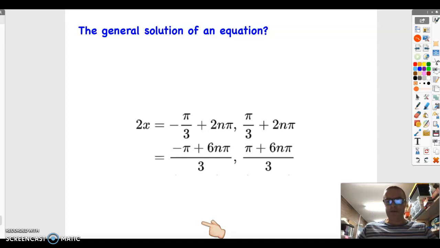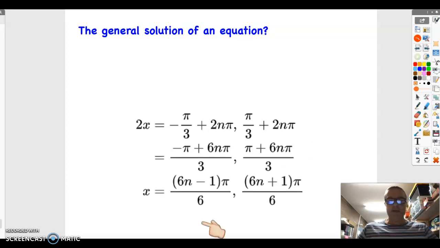It might be necessary to tidy up or to rearrange this expression, so you can see I've expressed both of those terms with a common denominator of 3, and then just rearranging and factorising the numerator.